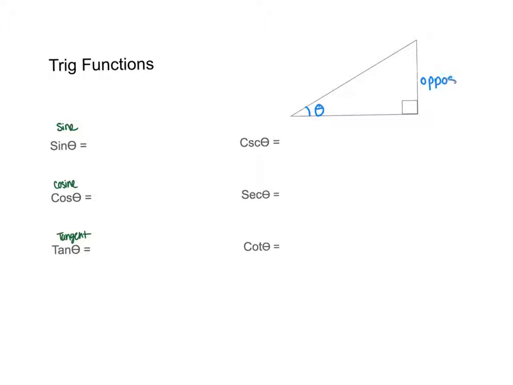Whereas the side that's attached to the angle is what we call the adjacent side. And the side directly diagonal from the right angle, the longest side, is always what we call the hypotenuse. All these vocabulary words that I'm talking about are exclusive to right triangles. We're just working with right triangles.